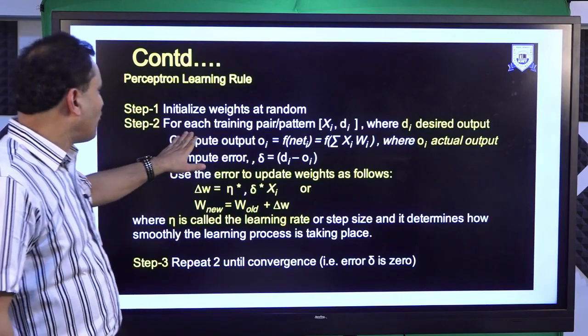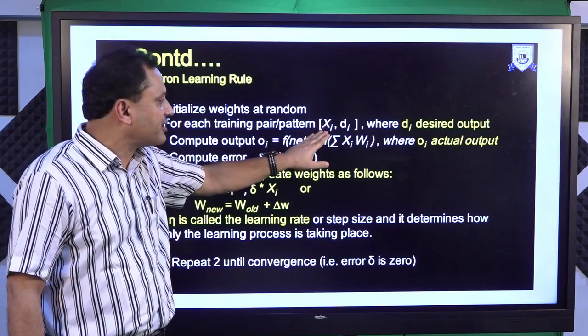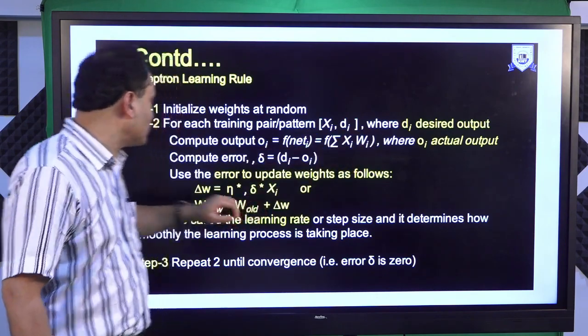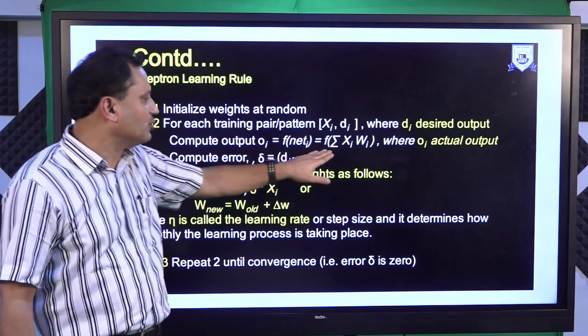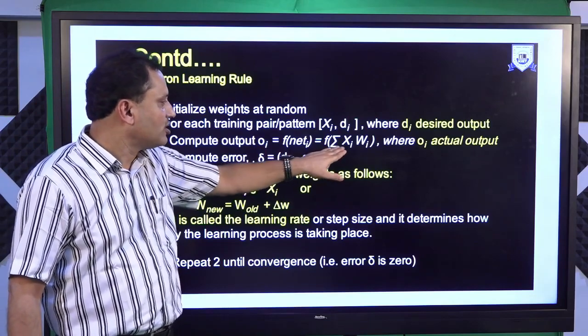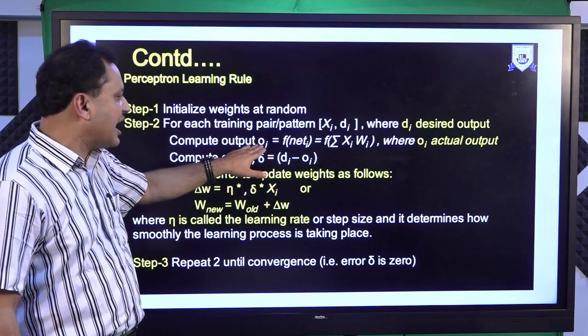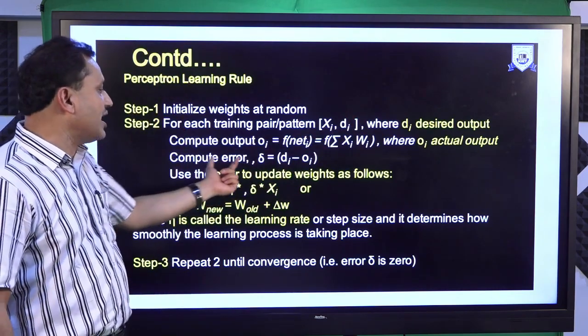Alright. For each training pattern, Xi is a training pattern, and this training pattern has a corresponding desired output, where Di is the desired output. We will compute the output of a particular neuron, the same way we do in the Hebbian learning rule, and we apply the activation function also. Once we calculate the actual output and we also have a desired output, we will compute the error.